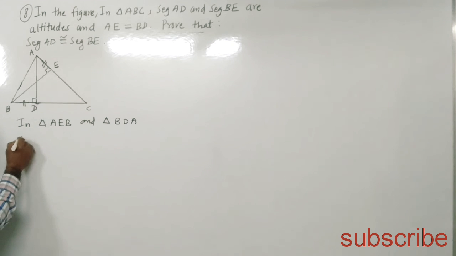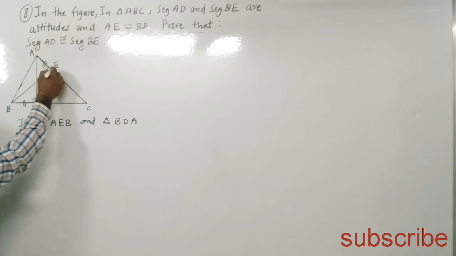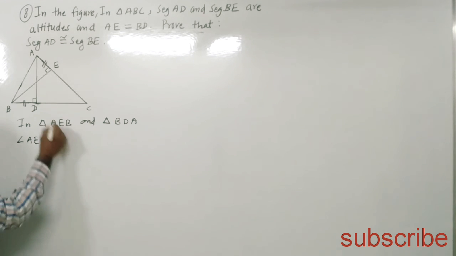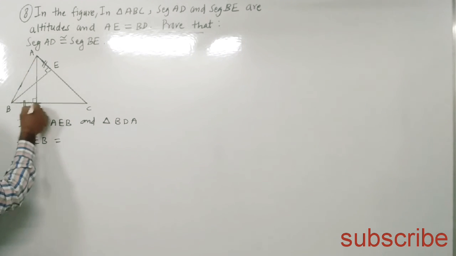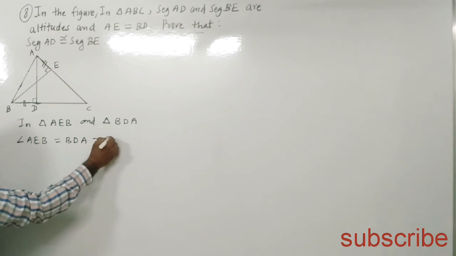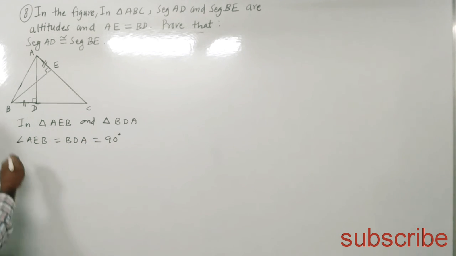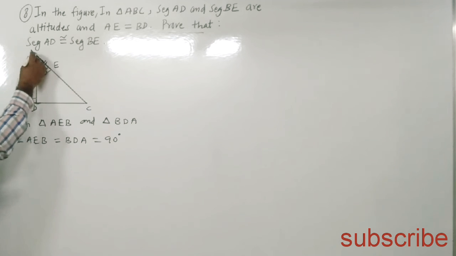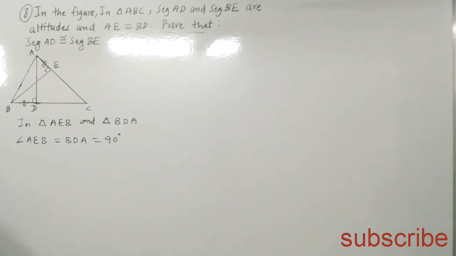In these two triangles, angle AEB is equal to angle BDA is equal to 90 degrees. Hence, both are right angle triangles. These are ADB and AEB, both are right angle triangles.